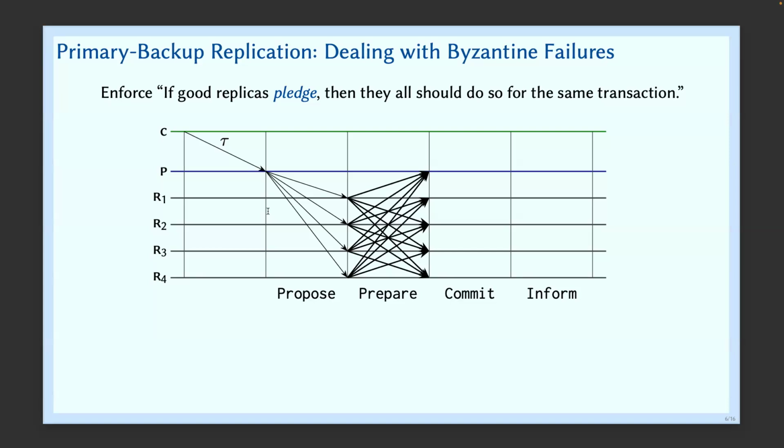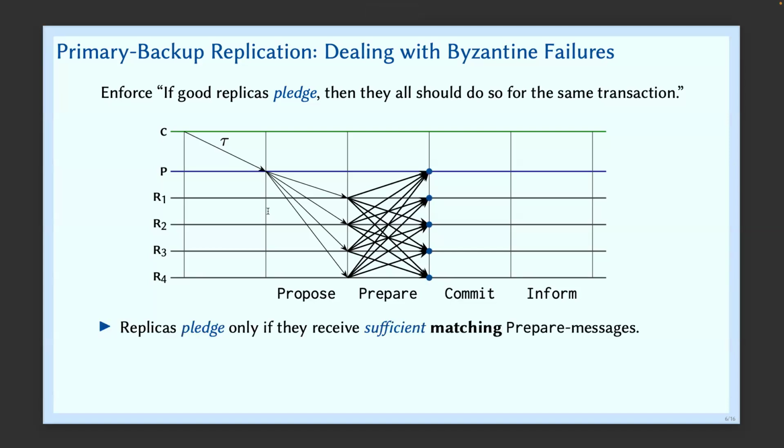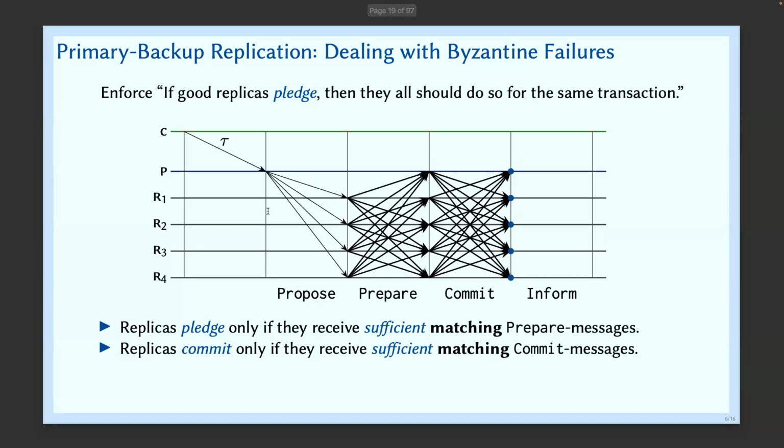Once we get enough prepare messages, once we're able to form that quorum, then we enter the prepared state. Then we do another exchange of messages, and once we are able to construct the commit quorum, individually, so R3 or R2 each individually construct that commit quorum, meaning 2F plus 1, we get into the committed state.